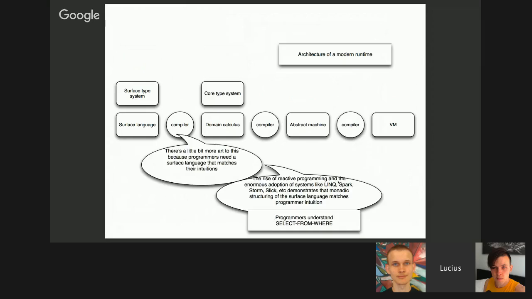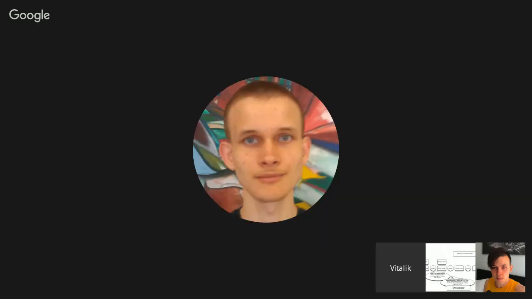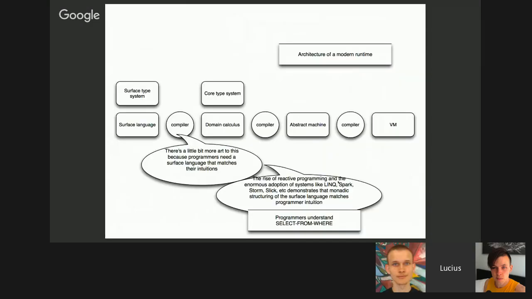Now, with respect to the surface language, there's a little bit more art to this, because programmers need a surface language that matches their intuition. Here, I would argue very strongly that the rise of reactive programming and the enormous adoption of systems like LINQ, Spark, Storm, Slick, etc., demonstrate that the monadic structuring of the surface language strongly matches programmer intuition. So effectively, if you can express it as a kind of polymorphic select from where, then you're golden.